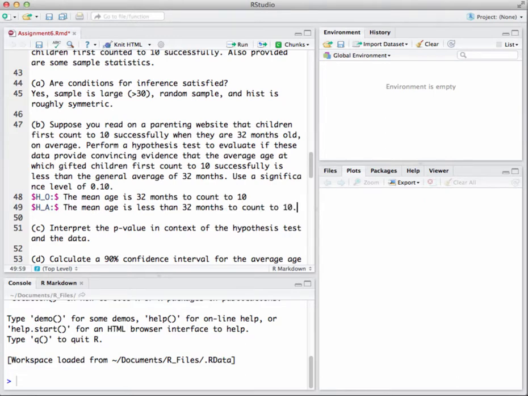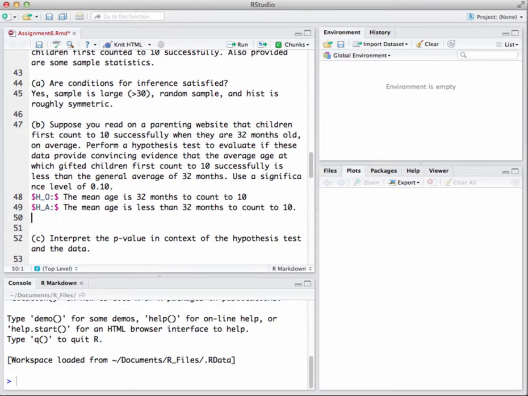Okay, so let's do that symbolically also. H0 is what? Well, it's going to be that mu is equal to 32. That's what we said in the first one. No difference between our population and the population of ungifted children.